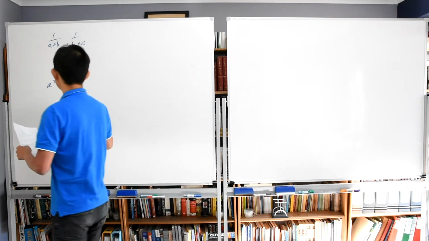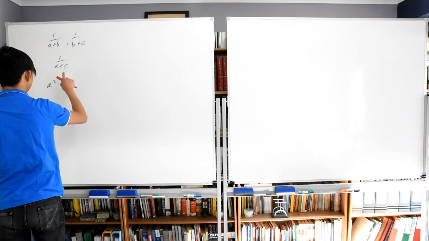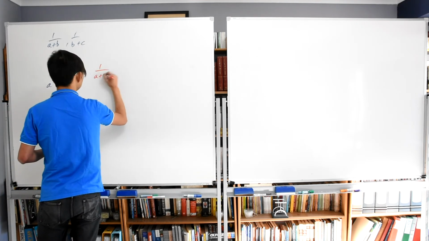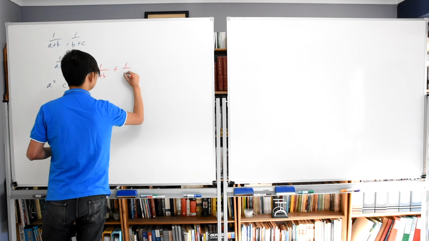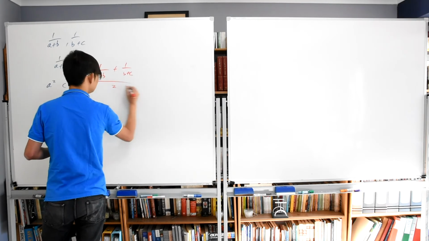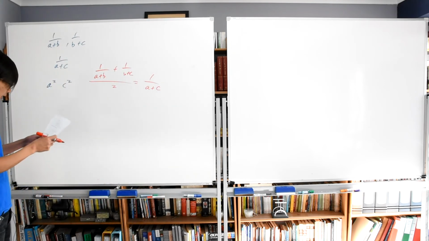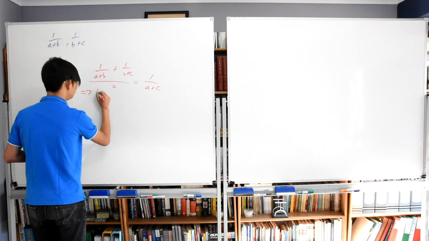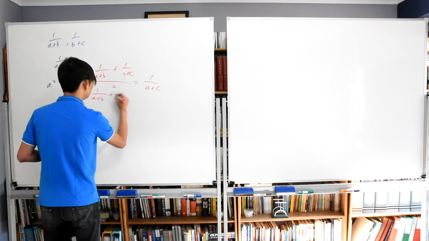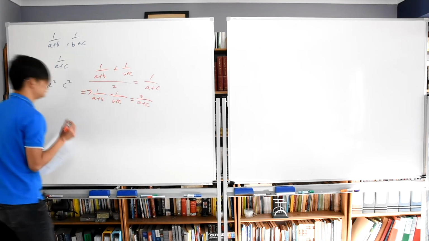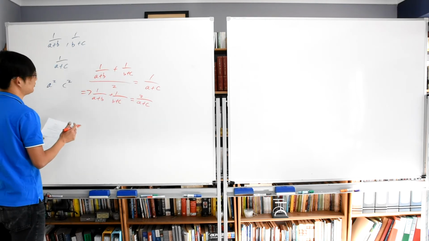We know the arithmetic mean of these two guys has got to be 1 upon a plus c. So 1 upon... simplifying all of this, we get... I brought this 2 over to the right hand side.